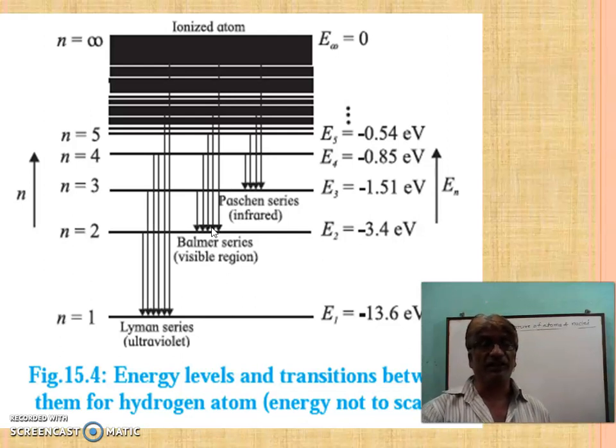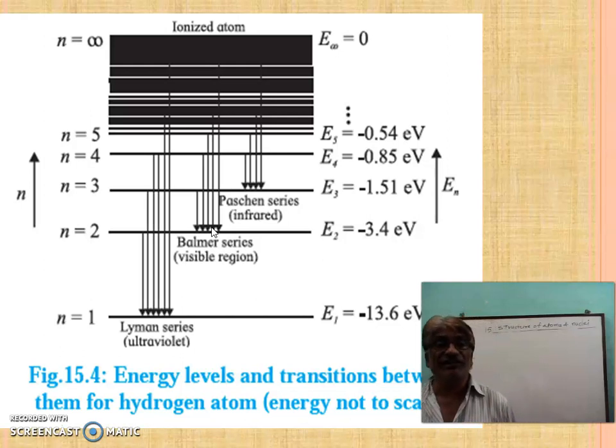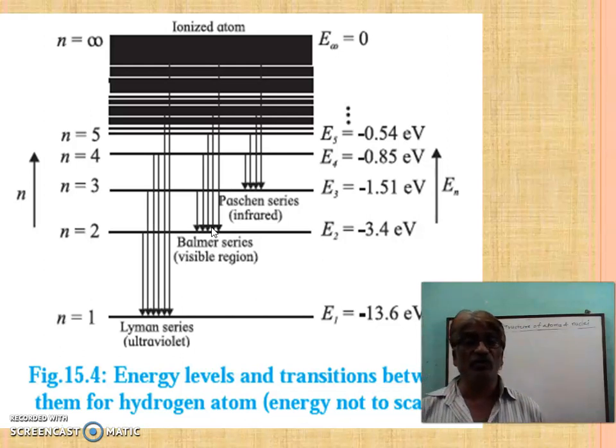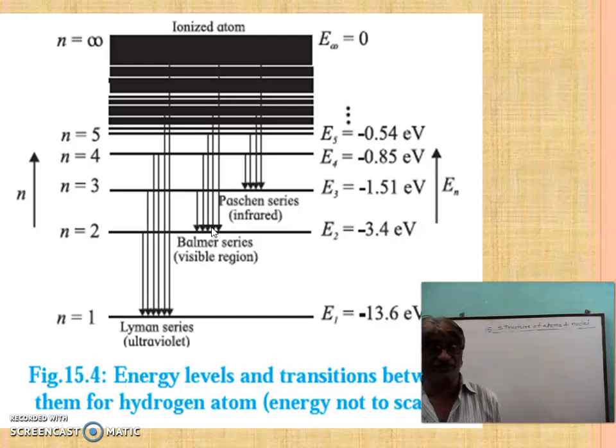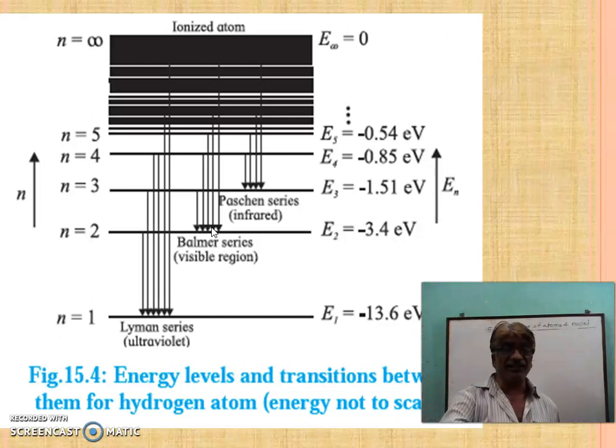And when an electron jumps from the sixth outer orbit to the second inner orbit, the H delta line appears. So that is the Balmer series. The Balmer series arises in the visible region, whereas the Lyman series arises in the ultraviolet region.